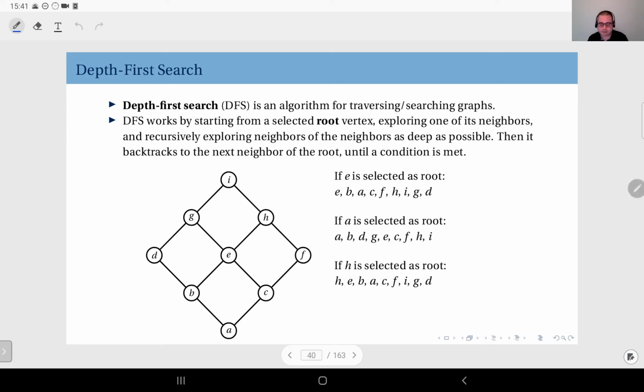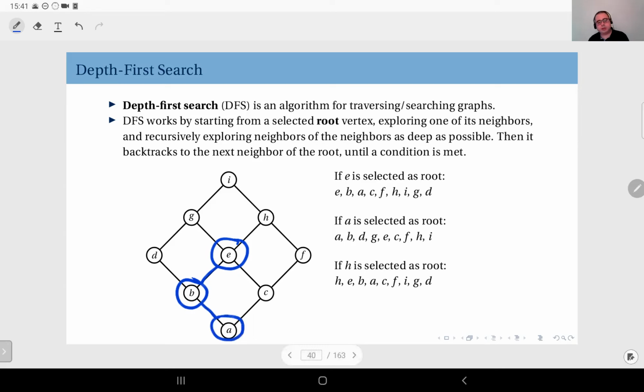If E is selected as root, the neighbors are again B, C, G, and H. Again, applying lexicographical order, I'm going to select B as my next neighbor. Now the neighbors of B are A, D, and E. E is already visited, but according to the lexicographical order, I need to select A anyway.